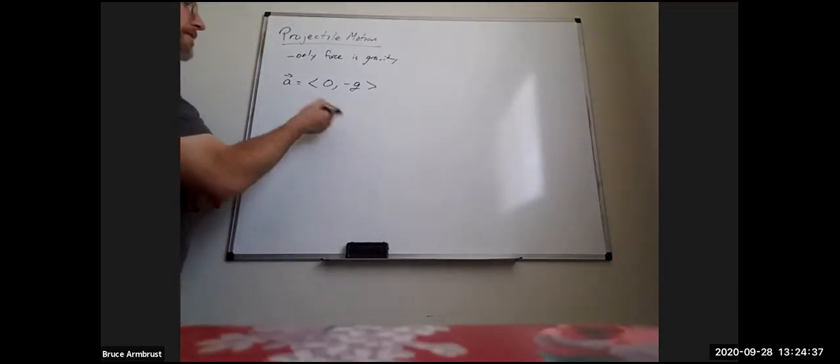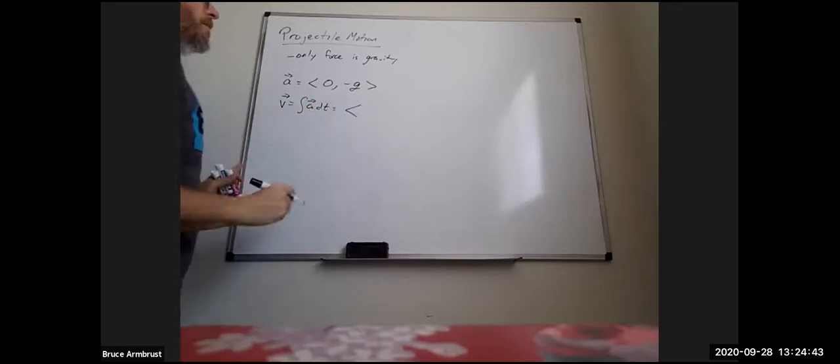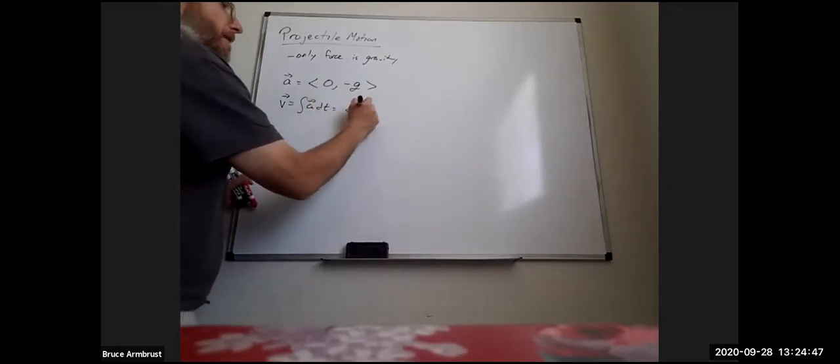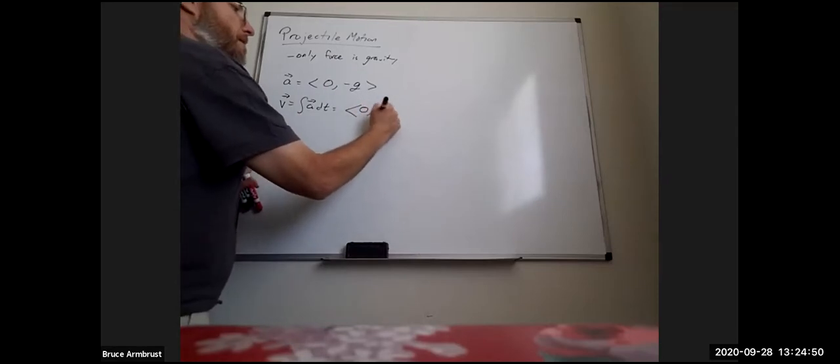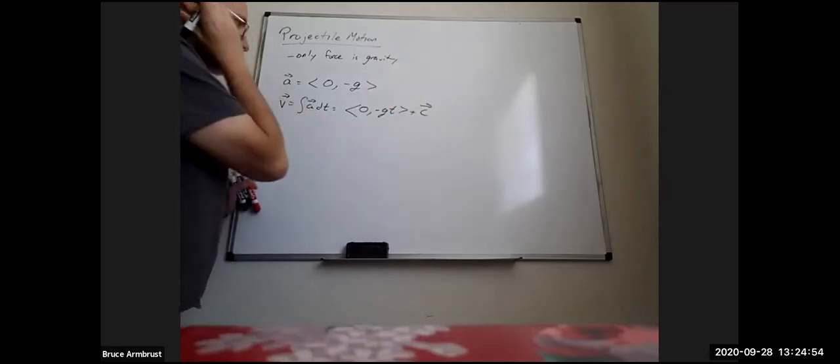So we'll start with v, right? So v is the integral of the acceleration with respect to t. So we saw with vector valued functions, it's just a matter of integrating each piece separately. So we're going to get 0, minus gt. But then we're going to add to that a constant vector.